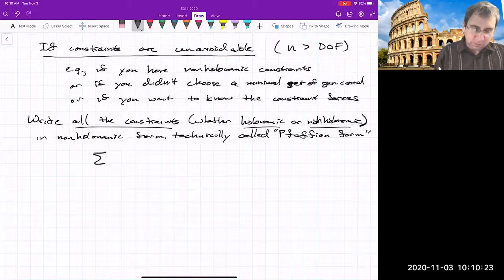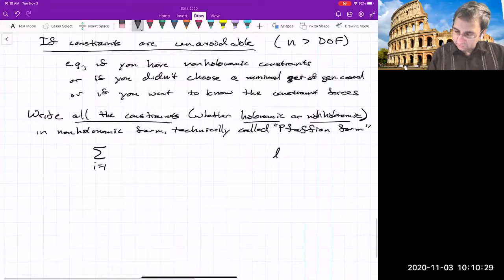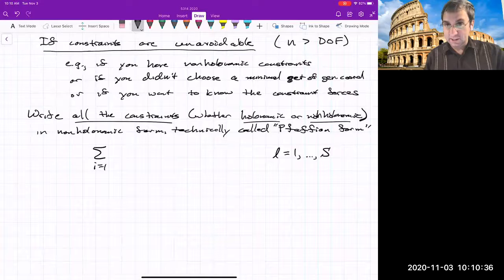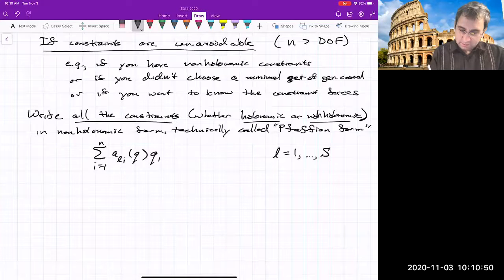All right, and what was the form of this? We'll have an index l that goes from 1 to the number of constraints, and we're writing all the constraints in non-holonomic form. So I'm using capital S of them. Each constraint is of this form where you've got some functions A_li that are functions of the q's, times q_i dot.